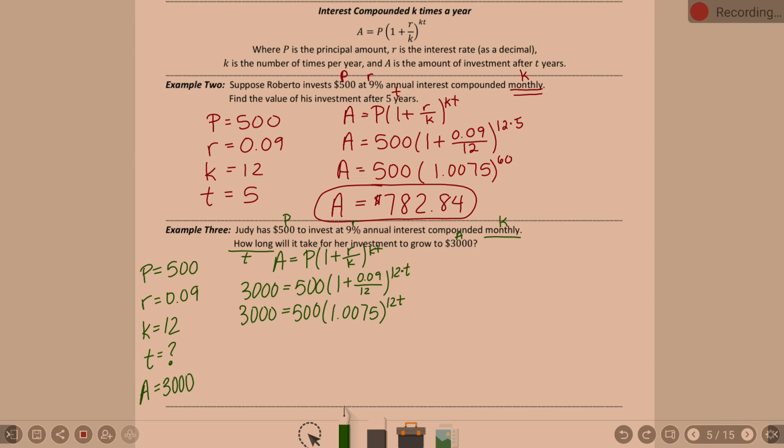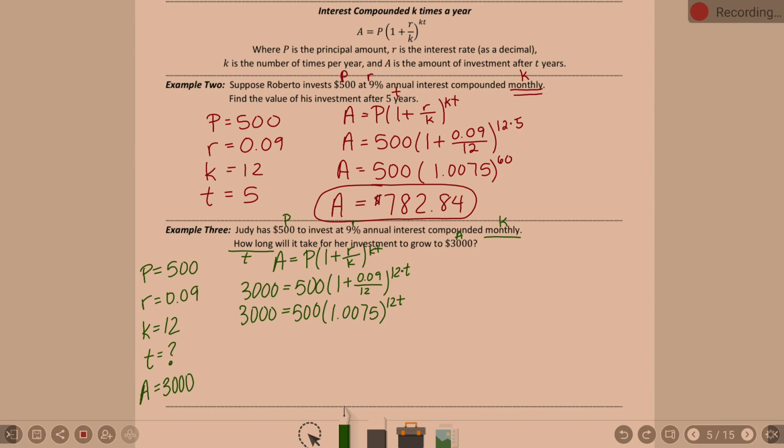I would encourage you to divide the 500 away from our power. That's actually going to be a required step before we can take the big step, because we want that power to be by itself. So I want that 1.0075 raised to 12t to be isolated.